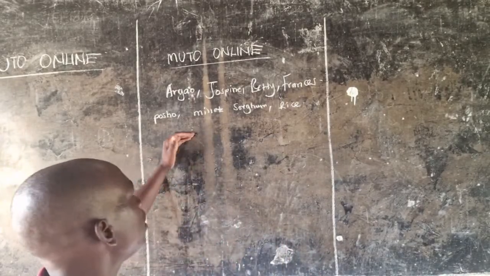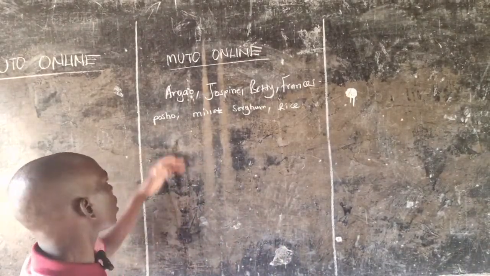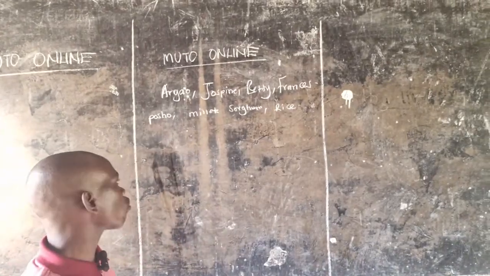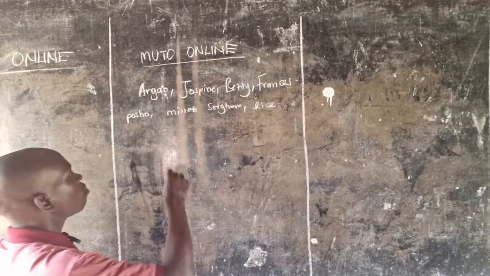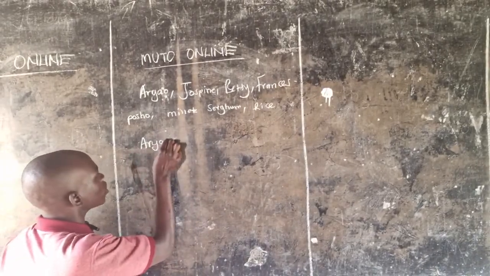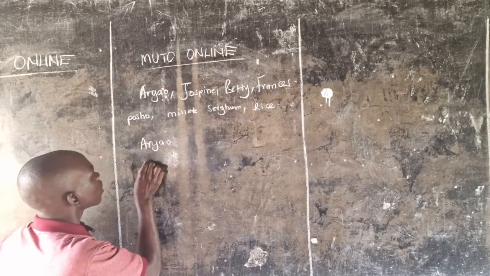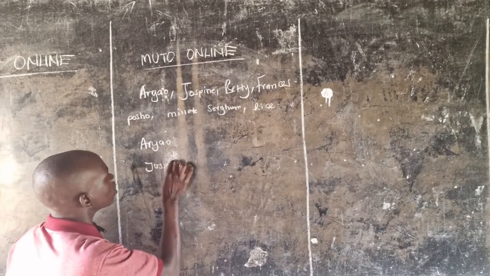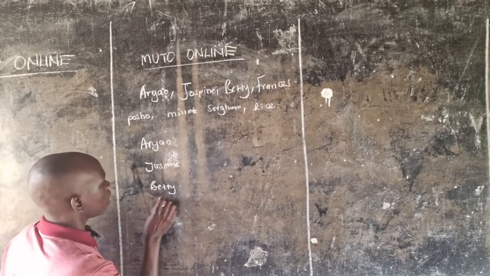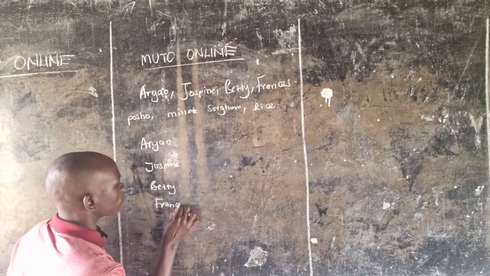So the independent stuff they are put on this vertical column, as we are going to see. So this is Arayo. Then we can put here Josephine. Then we have Betty. And then we have Francis.